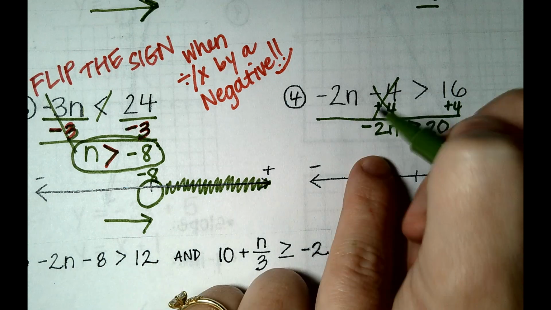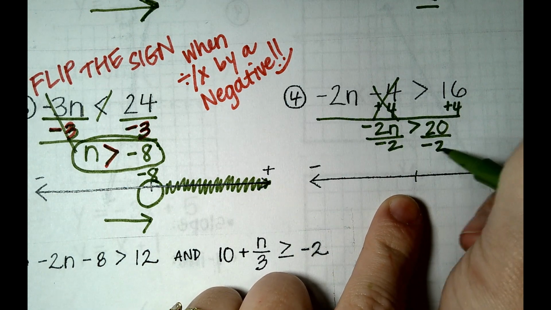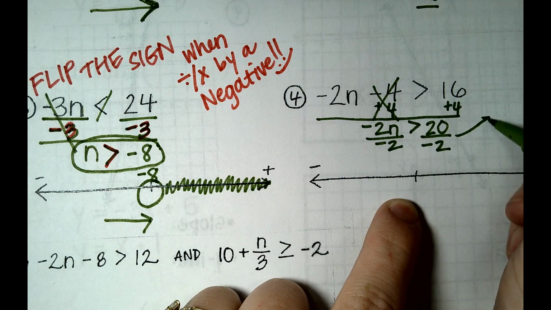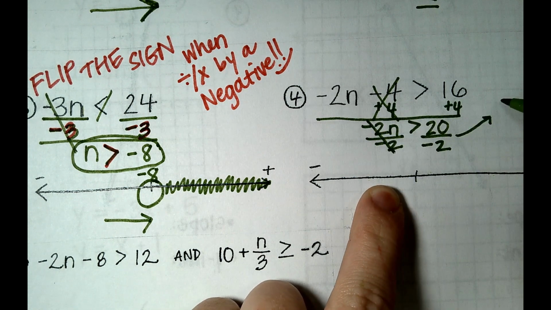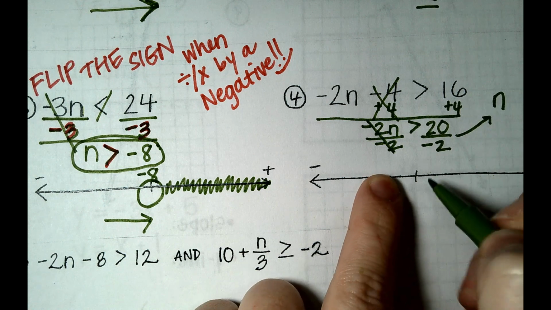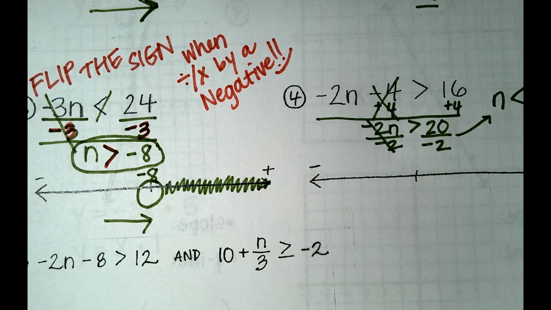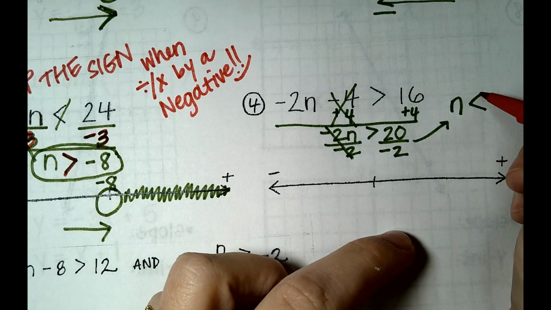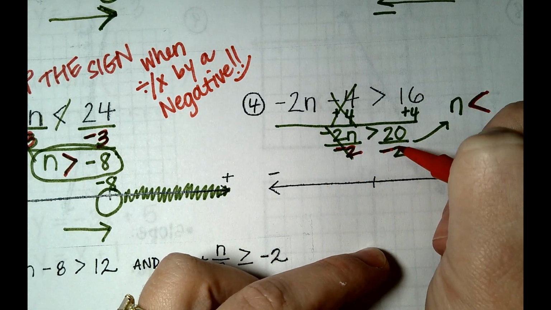Alarm bells. We are dividing by negative 2. What needs to happen? Yes. Negative 2's will cancel. I'm bringing this over here. N is less than. We flipped the sign again. Yes. We divided by negative 2.